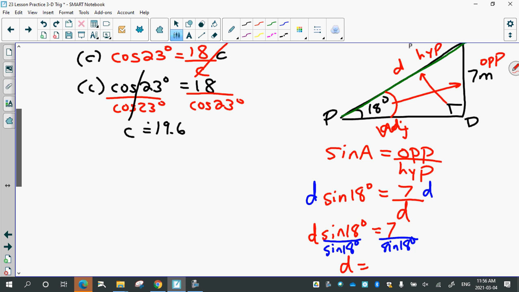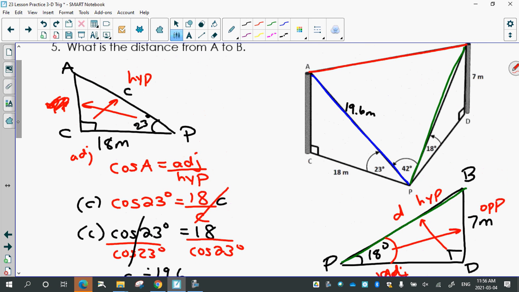So I get d is approximately 22.7 meters. Okay, so now I know this side is 22.7 meters. So now I can draw out, if I want to, this middle triangle.